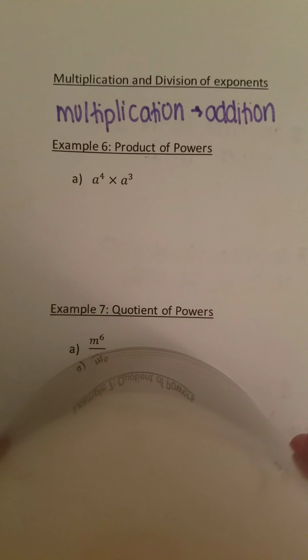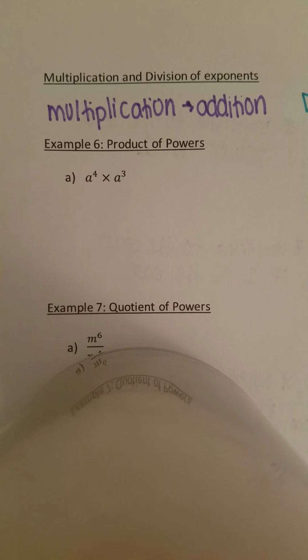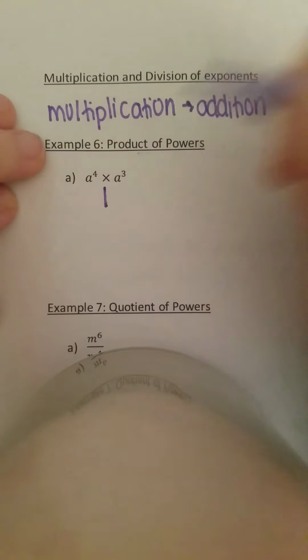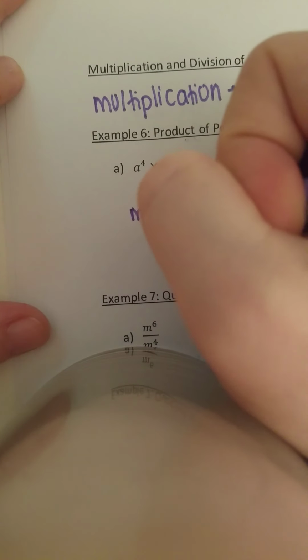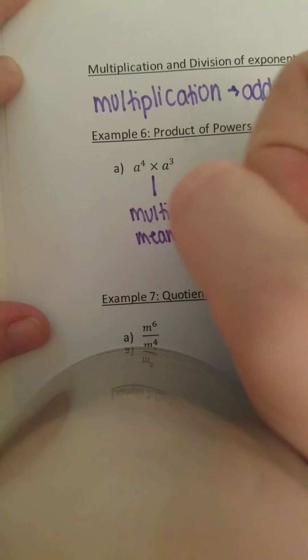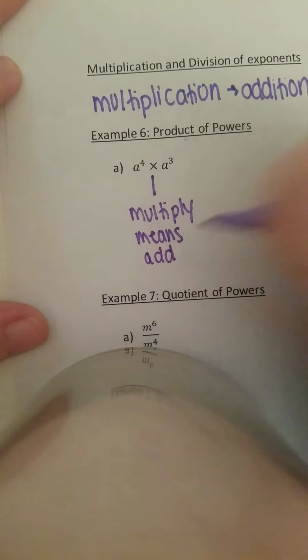We're going to talk about product of powers first. And so product is multiplying. If you notice, there's a multiplication symbol. All right, and so since we have a multiplication symbol, multiply means add.